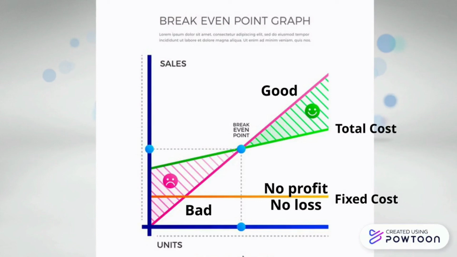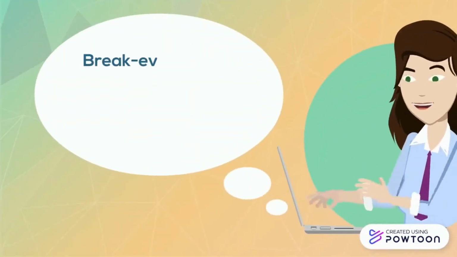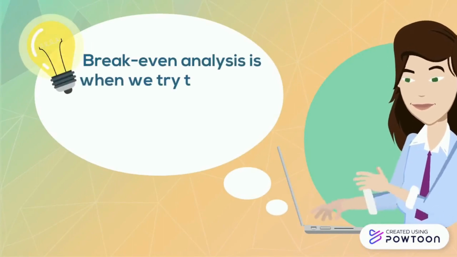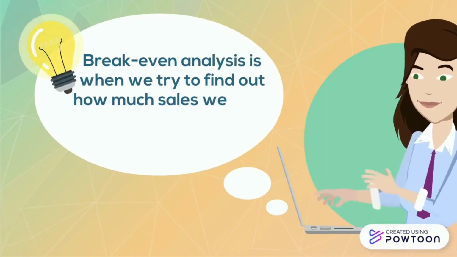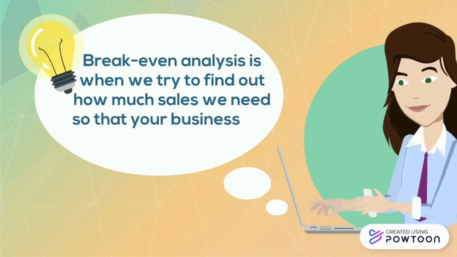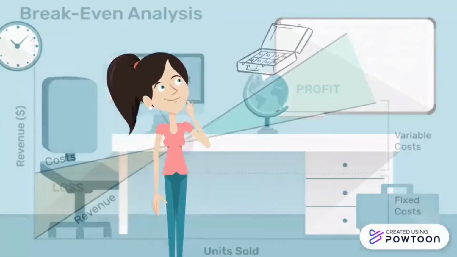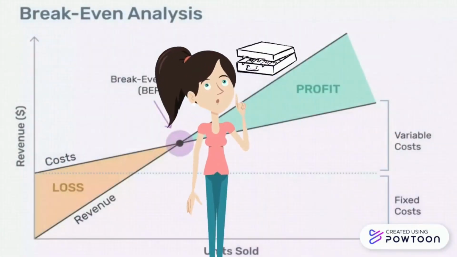If you're still starting out in your business, you of course want to target reaching the break-even point so that you don't lose money. Break-even analysis is when we try to find out how much sales we need so that your business can break even. But after a while, you want to be better than break even. You want to have some profit as well.